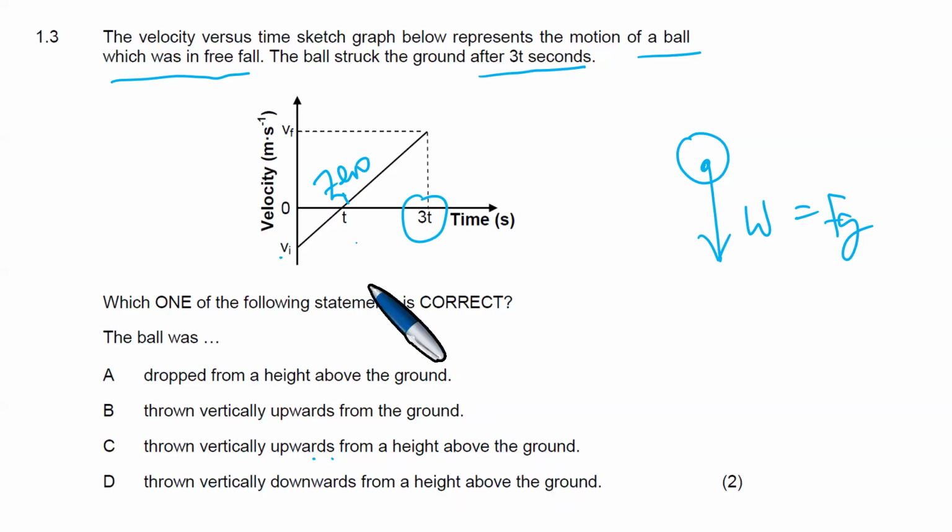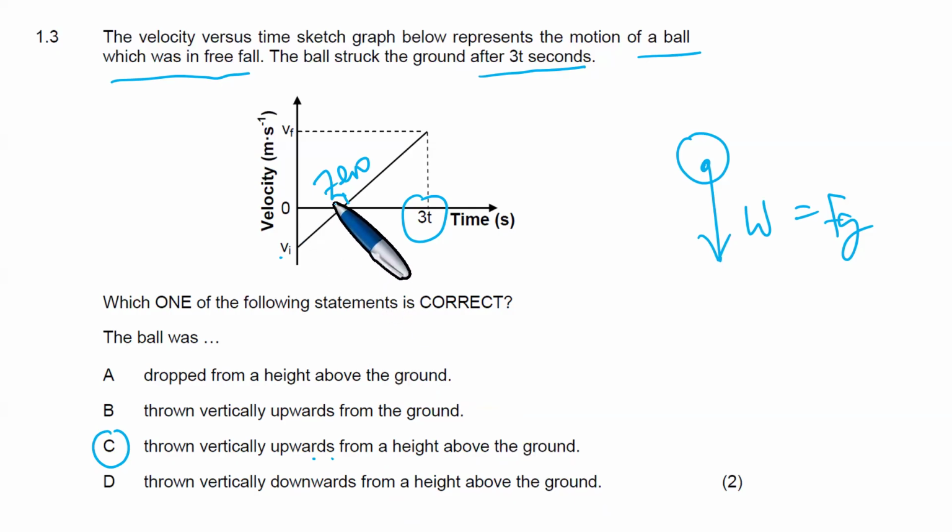You can see that its velocity increased to some final velocity, but the time became a bit longer. If the time became a bit longer, then what must have happened? Yeah, now it's on point. It was thrown vertically upwards from a height above the ground.